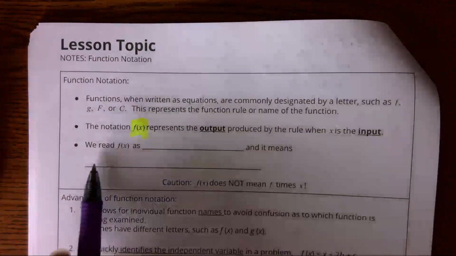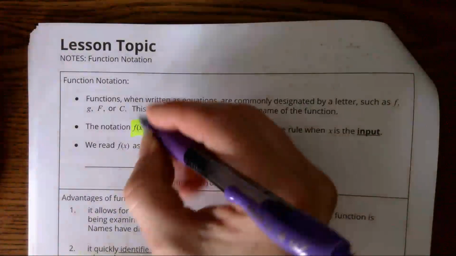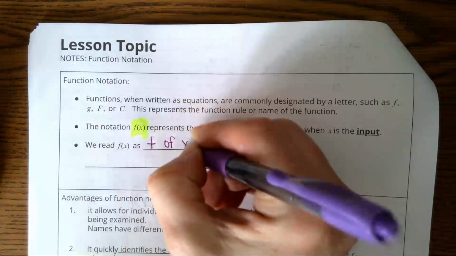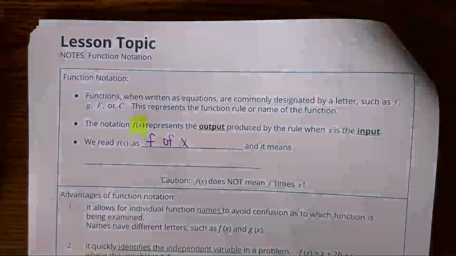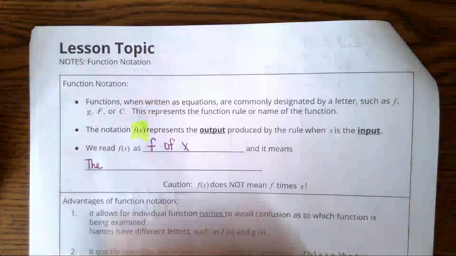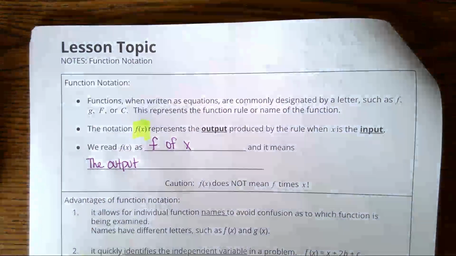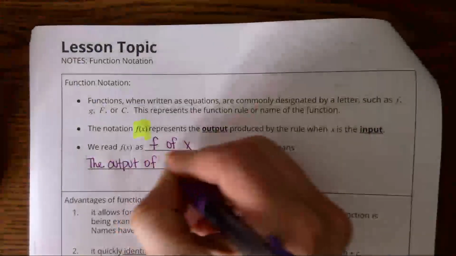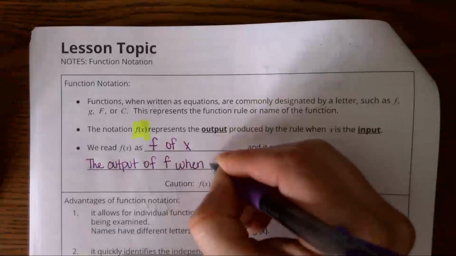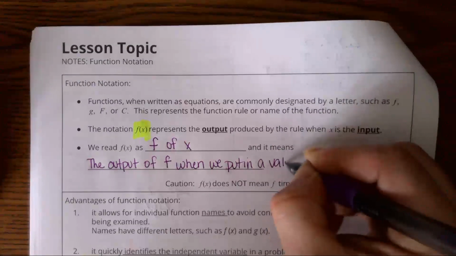From now on, what you're going to hear me say is not f parentheses x. You're going to hear me say f of x. F of x. All it means is this is going to be the output of f when we put in a value for x.